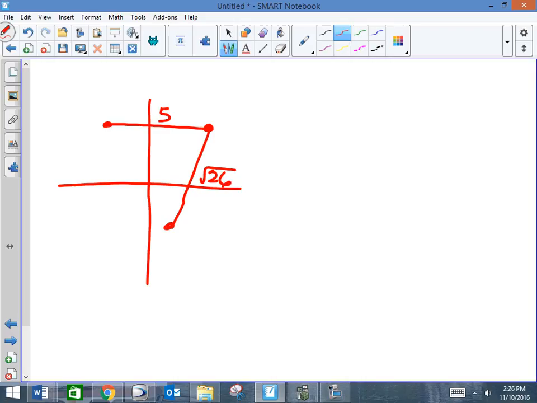So very close, okay? Well, if you square this, you're now looking at 25, and you square this, you're looking at 26. Which one's closer? This one. The 25 is smaller than the 26, so 5 is also smaller than radical 26. That's kind of the principle that we're using.